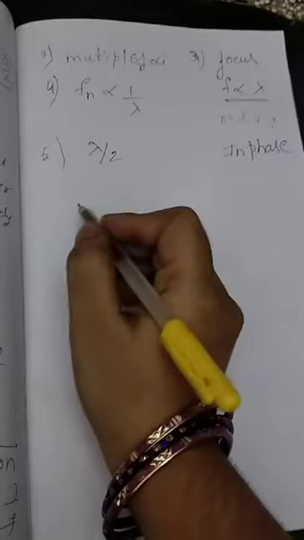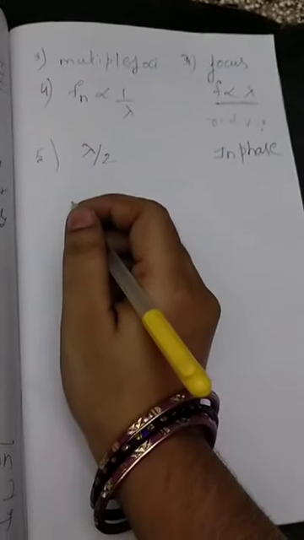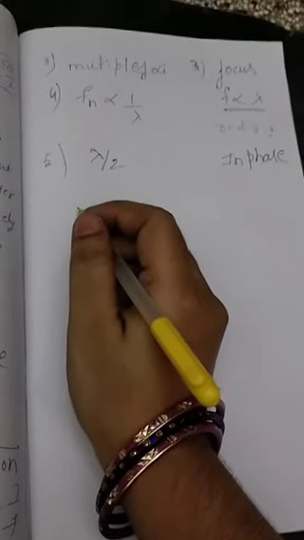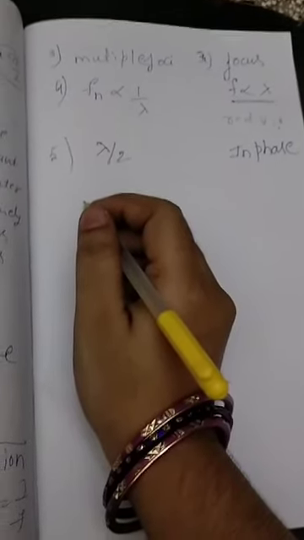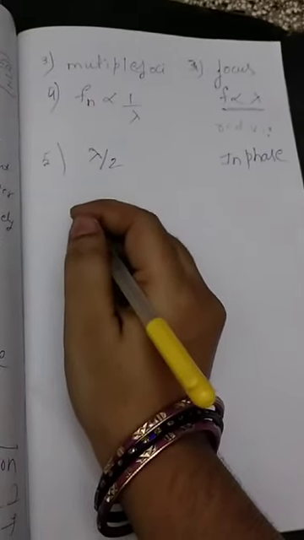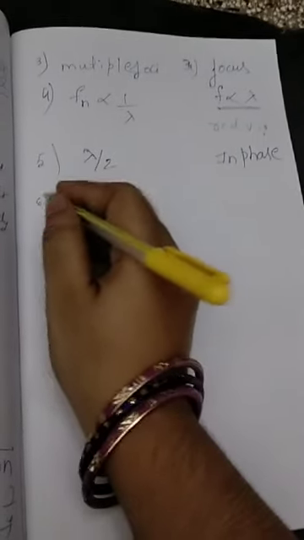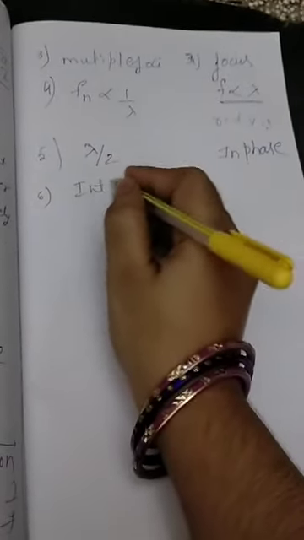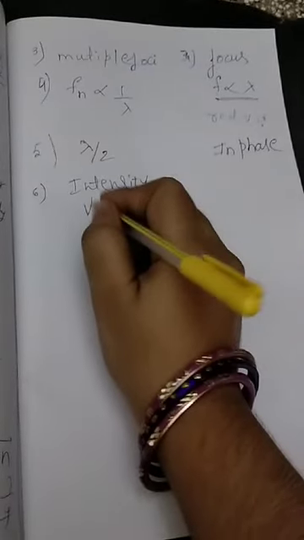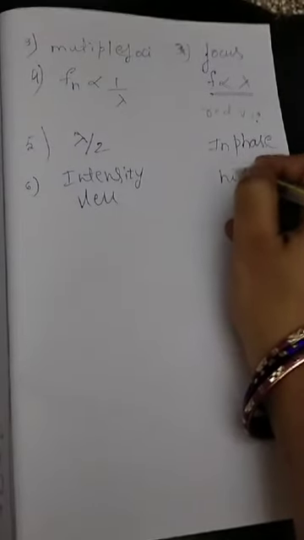And I can write basically the intensity. If you concentrate on intensity, the intensity formed by the zone plate will be less, but the intensity formed by the convex lens will be high.